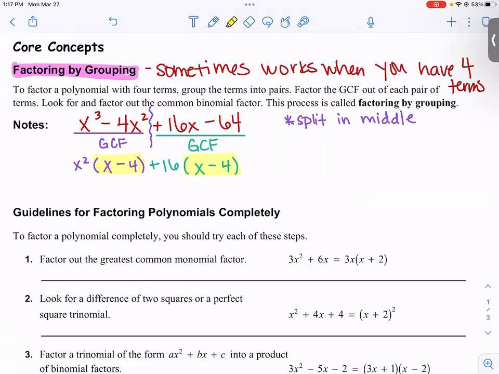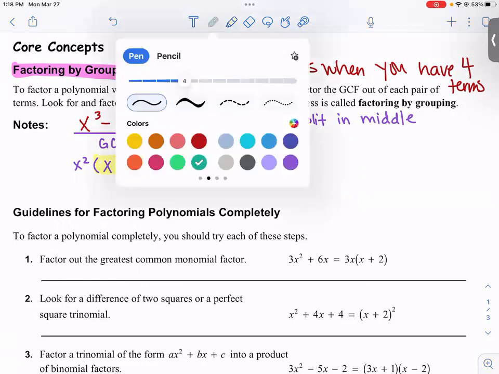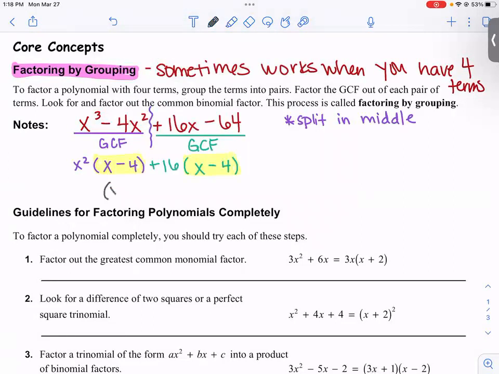This blob right here and this blob both have an x minus 4. So what we're going to do is factor out that x minus 4, and left over is x squared plus 16.